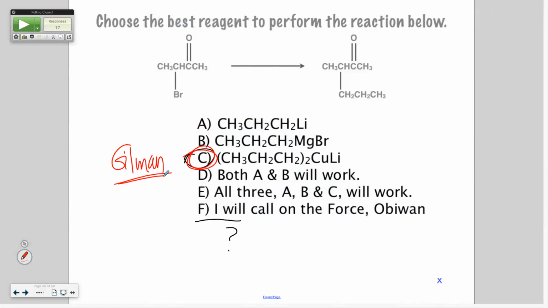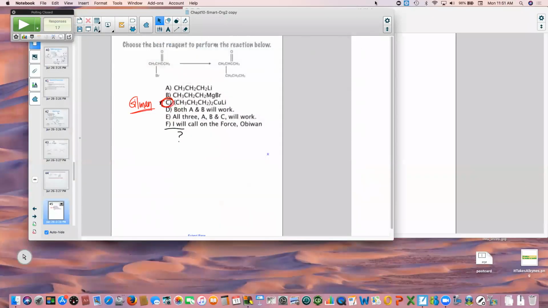Look, I even used the same compound. I tried really hard to make it easy. All right, I'll see you all. I'm guessing on Wednesday.